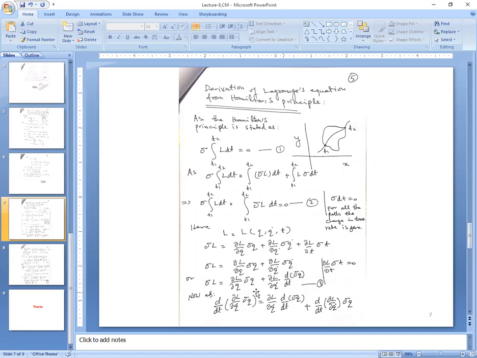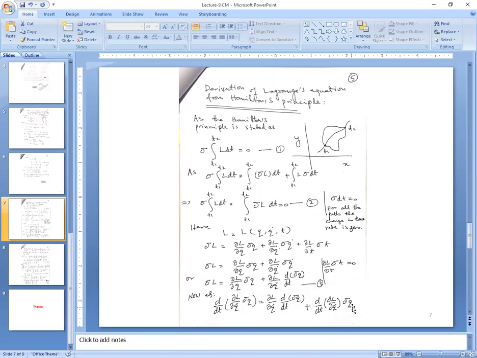Remember this equation number 3. As we know, the time derivative of these two terms, curly L over curly q dot into delta q, again is the derivative of a product of two terms with respect to time. So it is the first term into the derivative of the second term, which is delta q, plus the derivative of the first term into the second term.